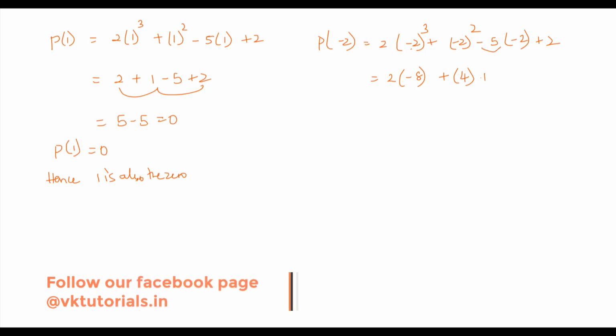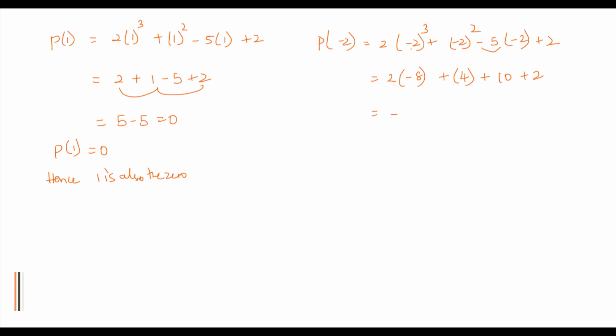Minus of minus will be plus, 5 2s are 10, plus 2. 2 into minus 8 will give us minus 16 plus 4 plus 10 plus 2. That equates to minus 16 plus 16. If you add these, you will get 0. Therefore p of minus 2 is equal to 0. Hence, minus 2 is also the 0. The first part of the question is done. We have verified all the 3 zeros are the zeros of this polynomial.